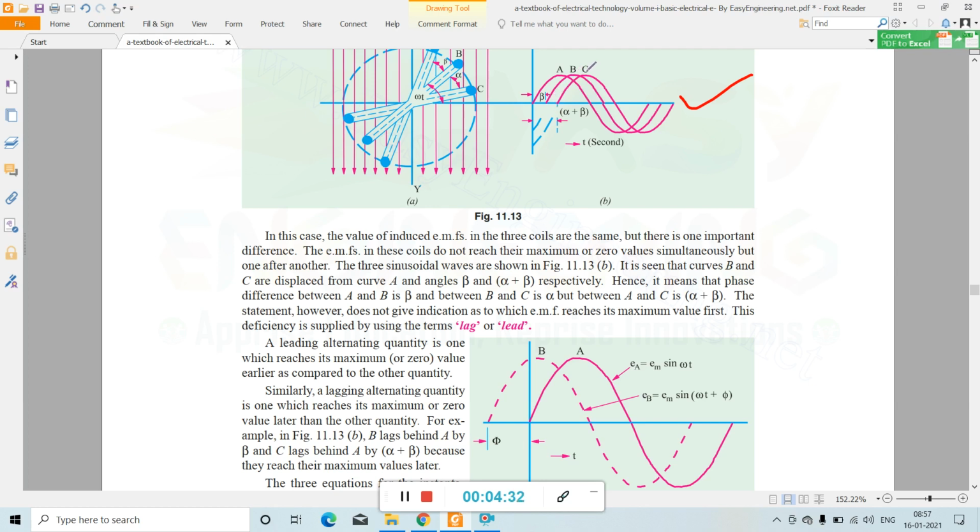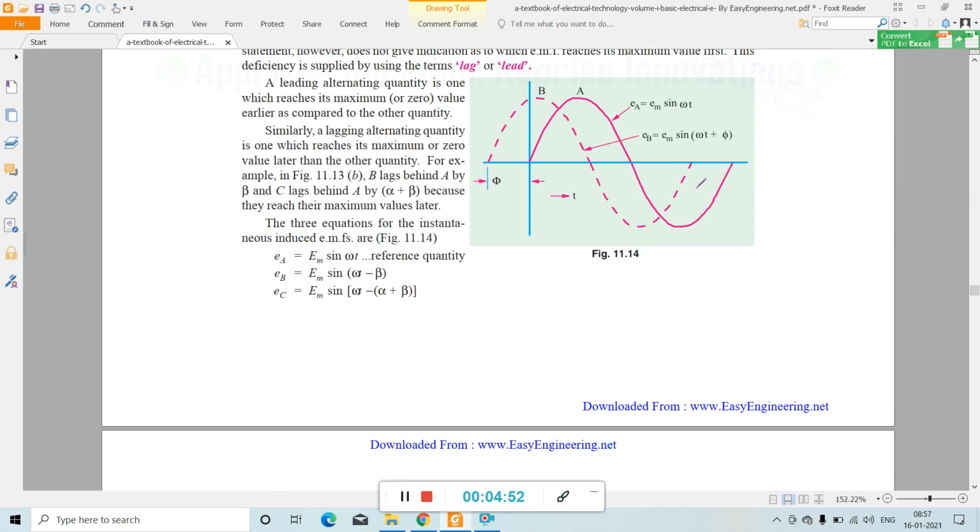Similarly, C also lags A by an angle alpha plus beta because they reach their maximum value later. A's maximum point is this one, B's maximum point is this one, C's maximum point is this one. So B and C's maximum points are later than A. Similarly, check in this waveform.